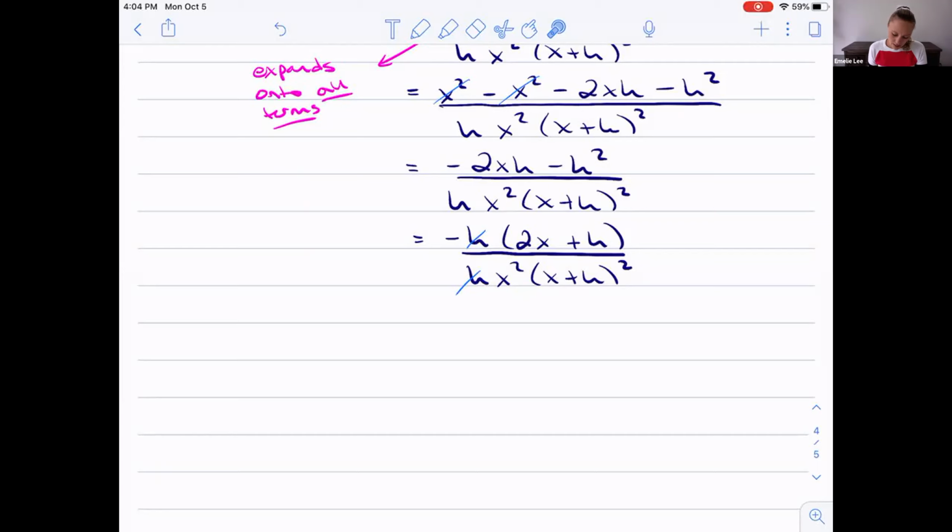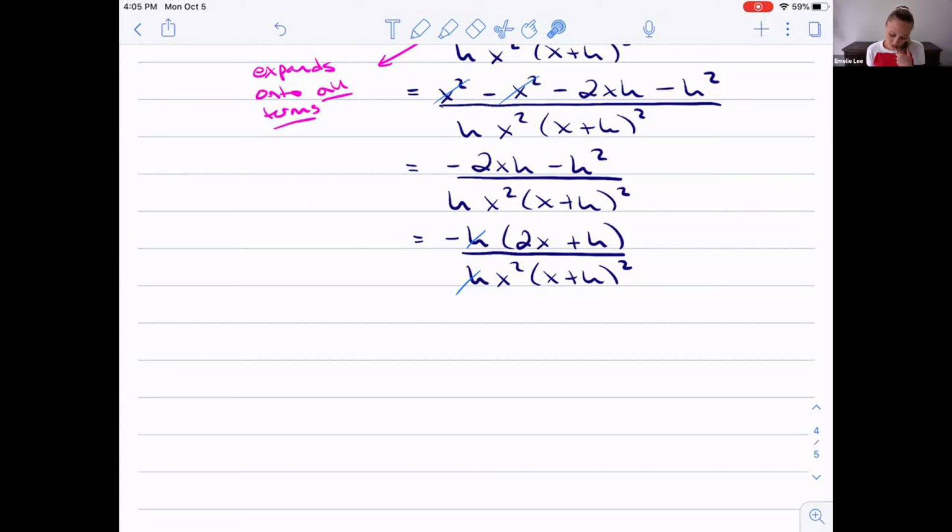And then, I don't really see anything else I can cancel here. Hopefully that's it. For a second, I thought I might be able to cancel an x plus h with an x plus h, but it doesn't look like I can because I've got 2x plus h over x plus h, or x plus h squared.